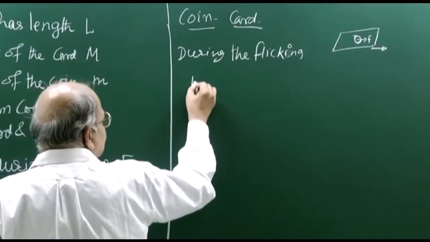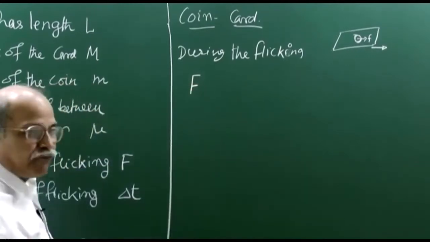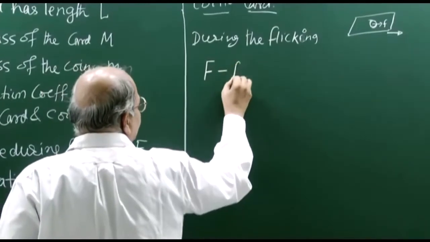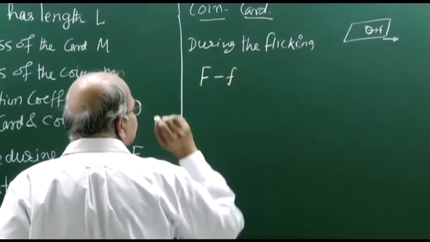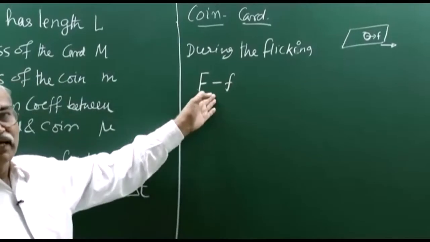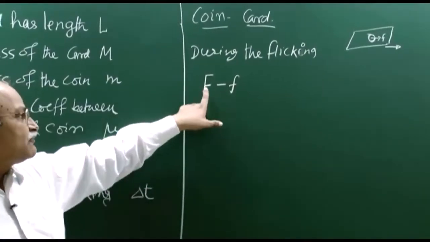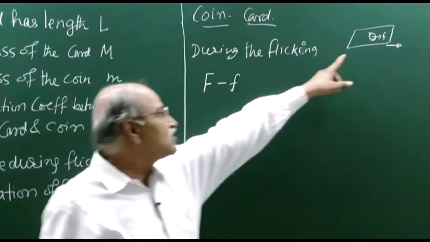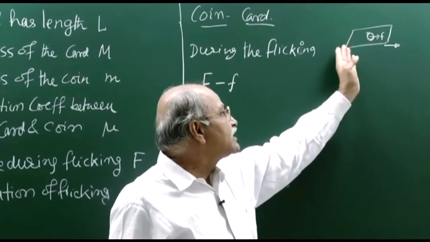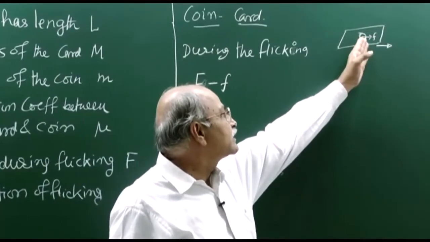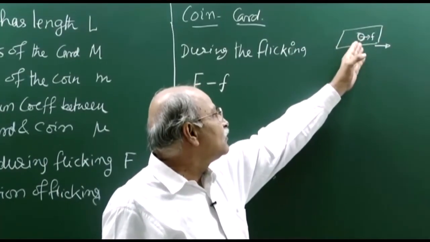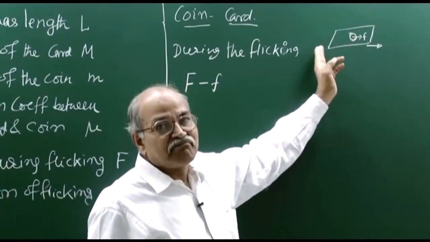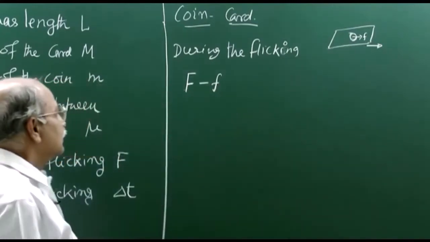First is this force F, which is in the forward direction, and then this frictional force f. This is the force with which I am flicking, and this is the frictional force because of the coin, because as it moves it slips, and therefore on the coin the force is forward, on the card the force is backward.